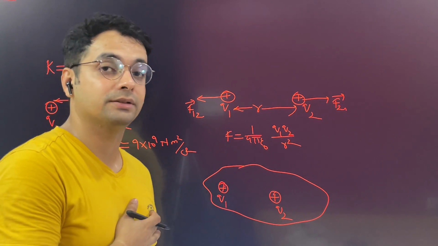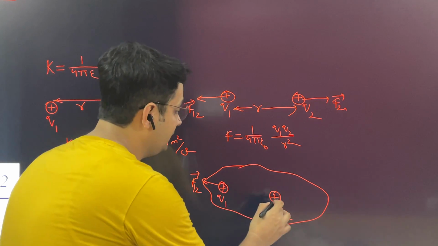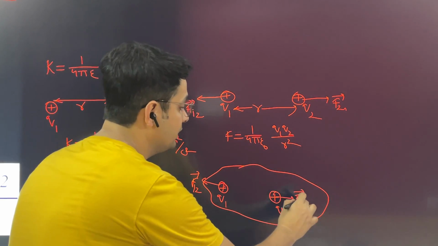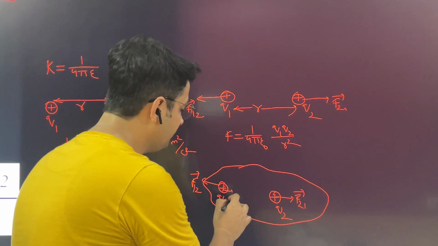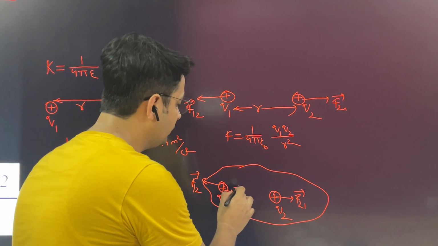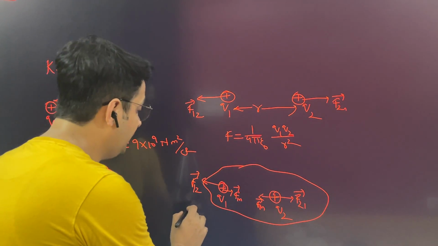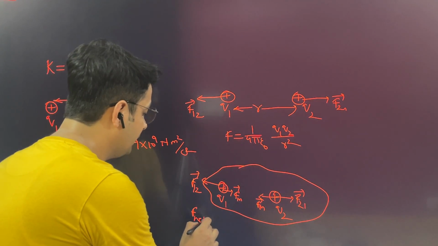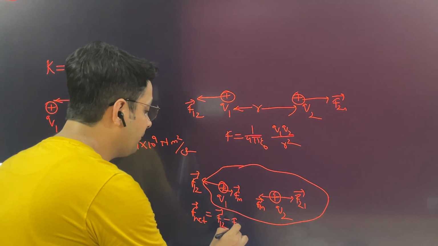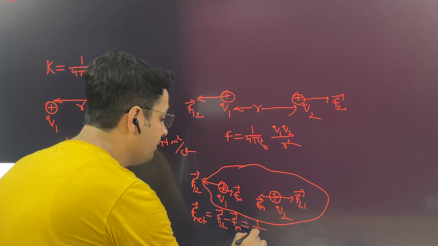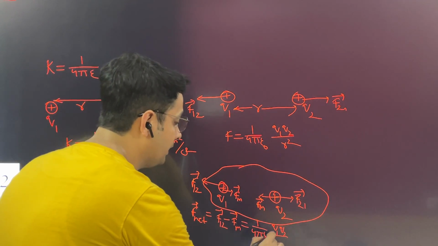It will remain the same, F12 vector and here F21 vector. But because of the medium, the force gets decreased, Fm vector. The net force F net vector you can write as F12 vector minus Fm vector, and that is nothing but 1 by 4 pi E Q1 Q2 by R square.